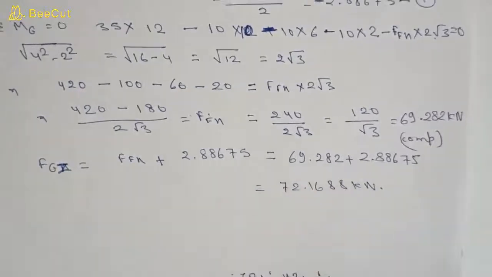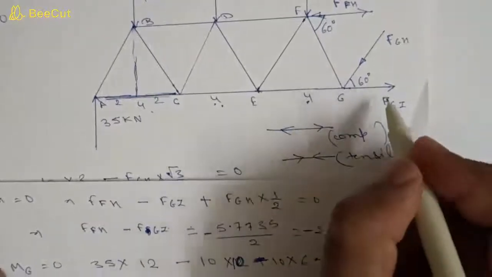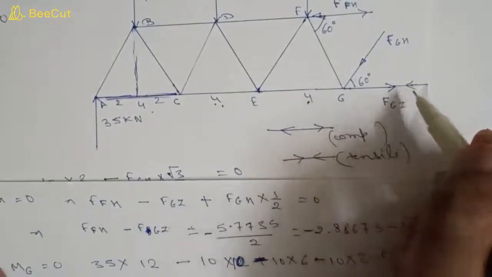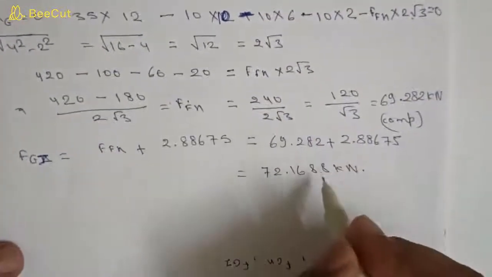And you can see the direction of FGI is outward, and here it will be in this direction, so it is an inward force, so it is a tensile force.